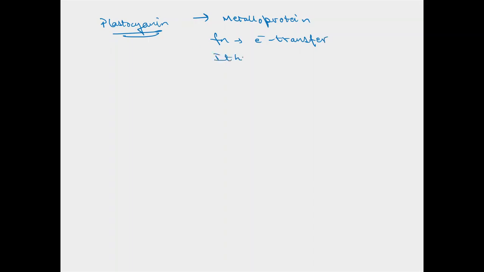You should remember this, because many times they will give questions like match the following and they can ask what is the function of this metalloprotein. So you should know that this is an electron transfer protein which helps in photosynthesis and is present in chloroplast.